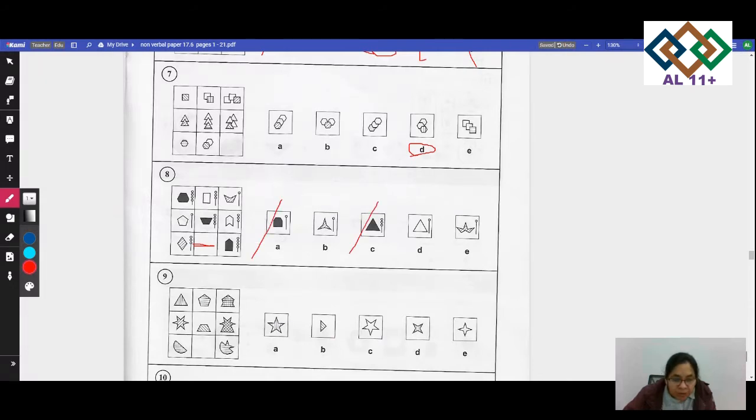And it needs to have what? So each column should have a black shape, white shape, and a hatched shape. Hatched shape means like this one. So this one is gone, and it should be the same shape like this one. So the same shape like this one would be B.